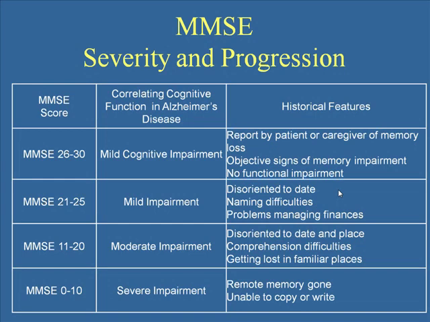So a score of 26 to 30 in someone who is complaining about memory loss but has no functional impairment from their memory changes, but does have some objective signs, would be characterized as someone who has mild cognitive impairment.